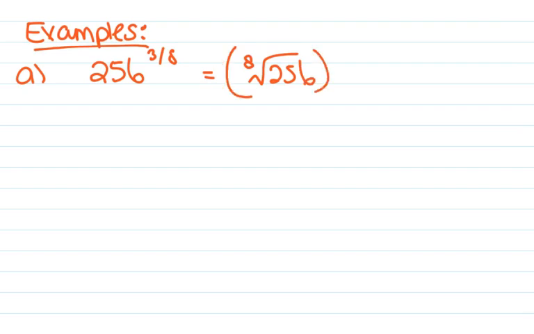So A, if I have 256 to the power of 3/8, and I need this to be simplified with 1 power, this is equal to the 8th root of 256 all cubed. So I take the bottom of my fraction, and that becomes the root, and the 3 stays as the exponent.